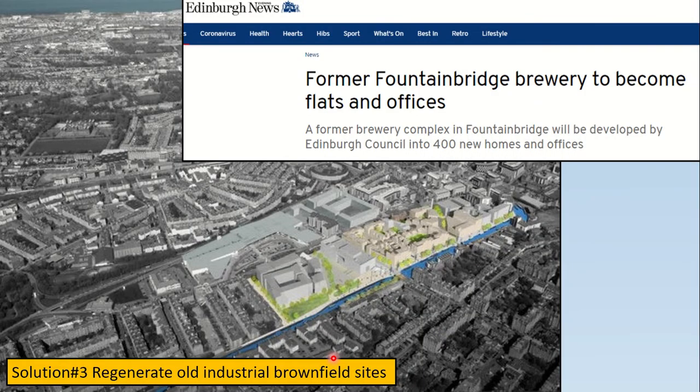Solution 3. We've talked about providing more houses, more flats, and also providing more affordable houses and flats, and those are two different things. But there's also marks to be gained talking about how we can regenerate old industrial areas, known as brownfield sites, to do that. This is Fountain Bridge in Edinburgh. You may have been.